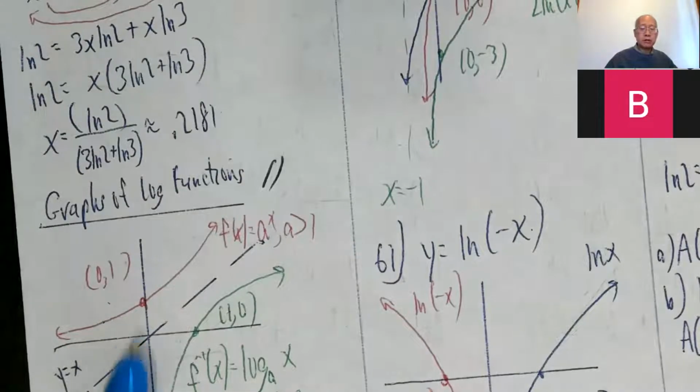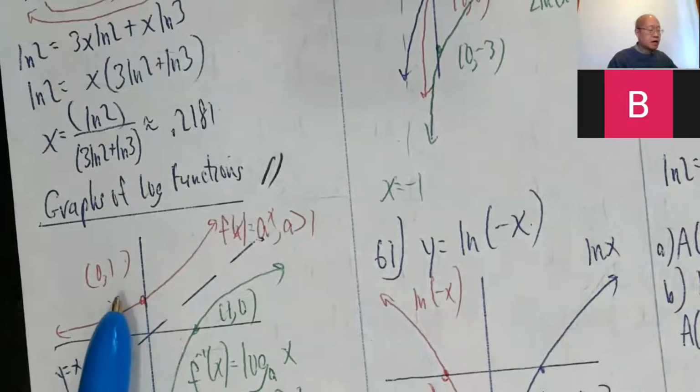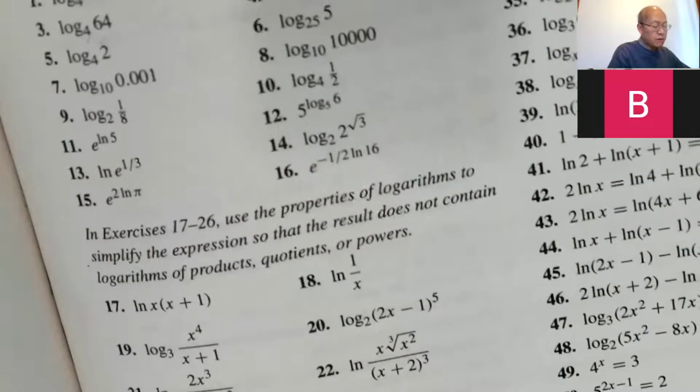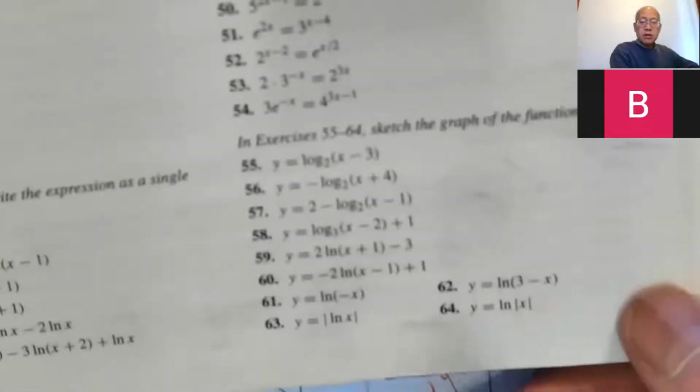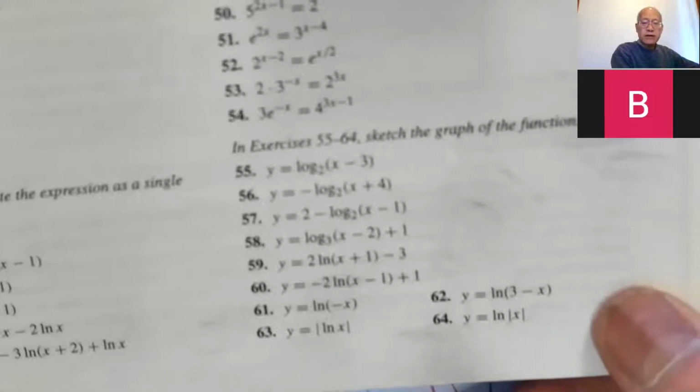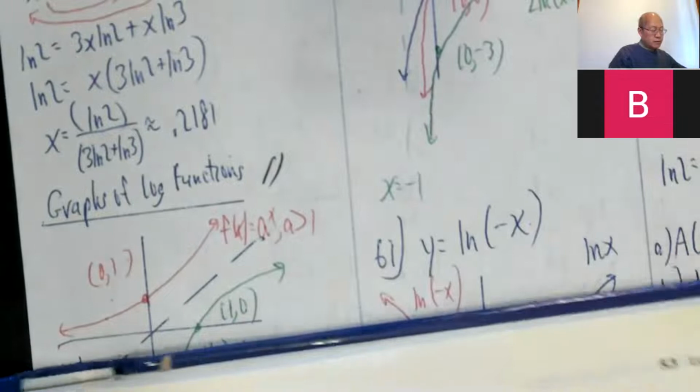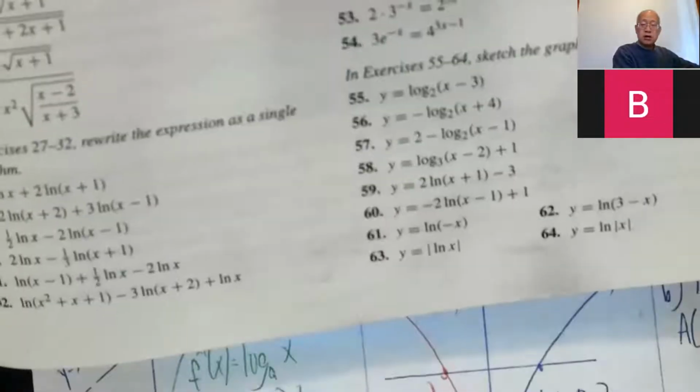I didn't give you any graphs on this quiz, so the only thing you may not be comfortable with are the graphs at the end. I think I've covered everything up to 53-ish. So next time I can do these graphs at the end, 55 to 65. Okay. So after that, I would be done.